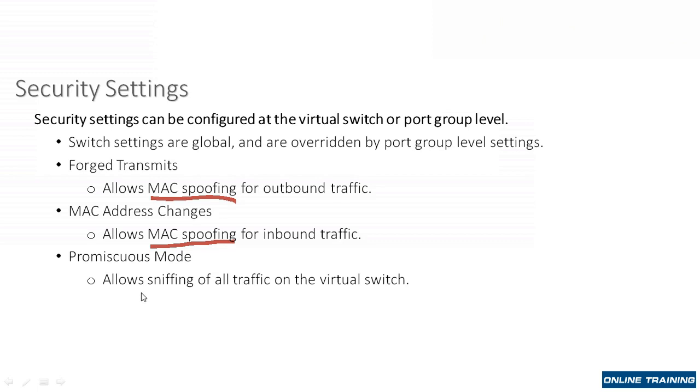We can also use security settings like promiscuous mode if we want to allow a sniffer to be attached to our network. So for the VMware Certified Associate exam, you want to understand that these security policies can be modified to harden our network and make it more secure, and that they can be controlled at the virtual switch, the port group, or even the virtual machine level.